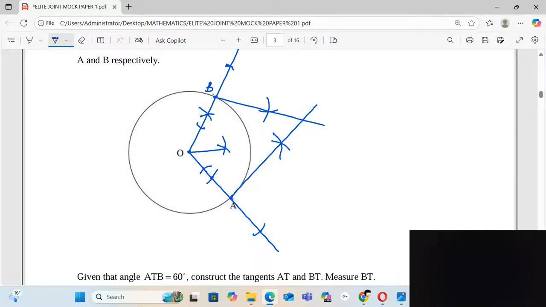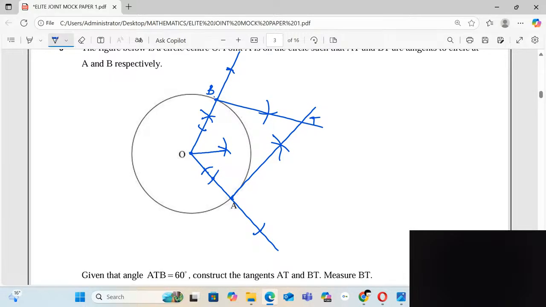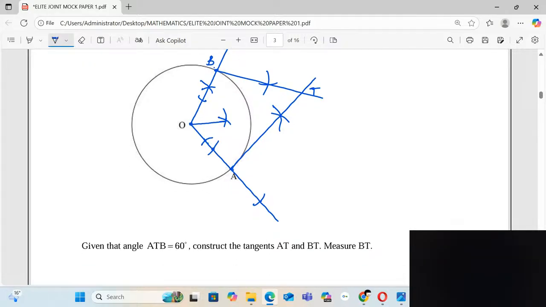See? Where the two lines meet, this is now our point T. So this is T. Now they're asking you to construct the tangents.